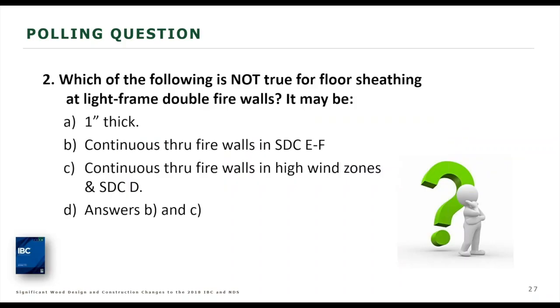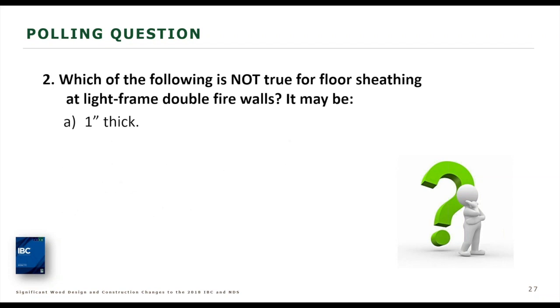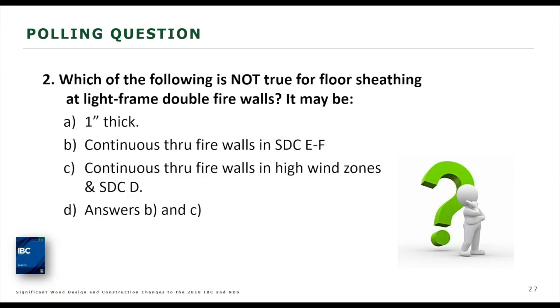All right, so the answer is 1 inch. The tricky part is which is not true. There's another tricky part, but let me go back to this. Yes, this is not true, 1 inch, because you're only allowed 3/4 inch. There's another tricky one in here. But for continuous through firewalls, this is correct.